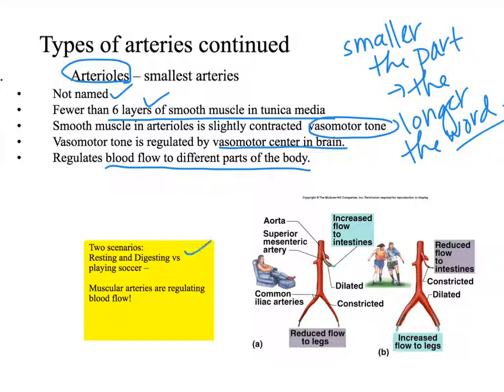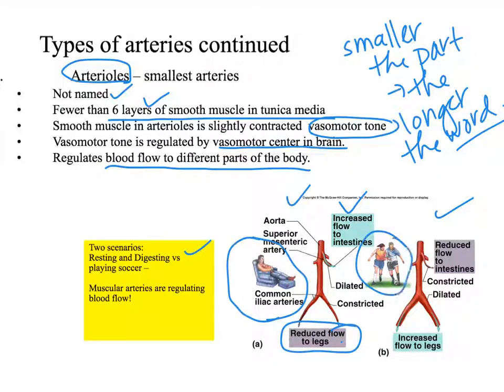Here I have 2 generic scenarios. In one, this guy is sitting, let's say he's resting and digesting. His blood vessels will constrict, reducing flow to his legs, but increase flow to his digestive system so he can digest his food.